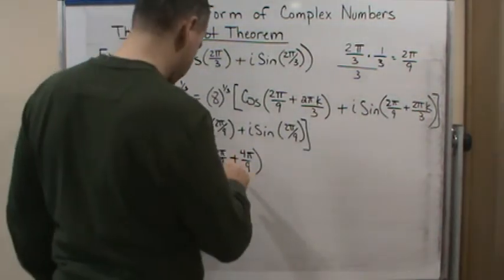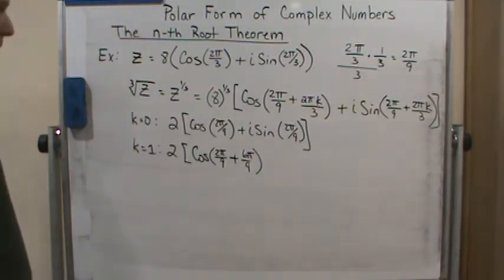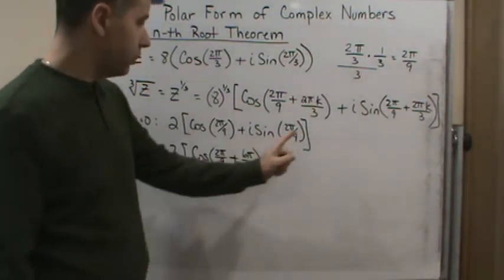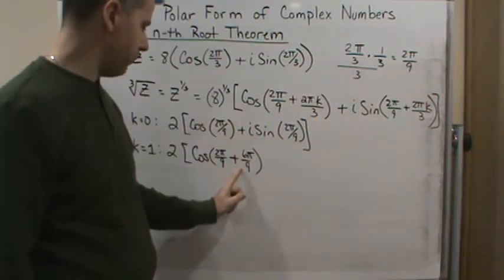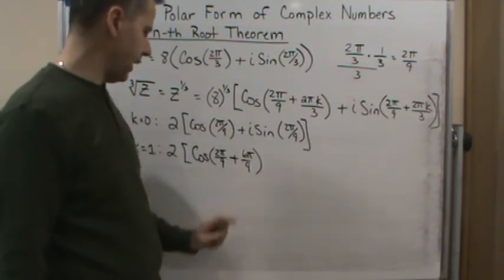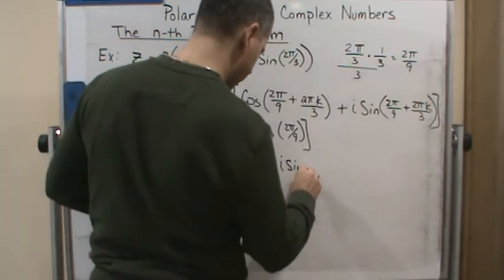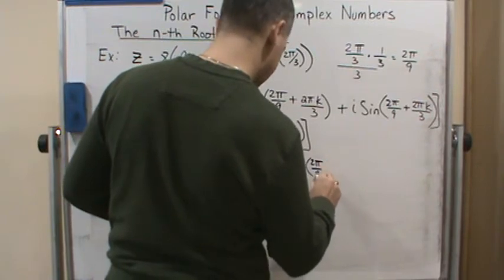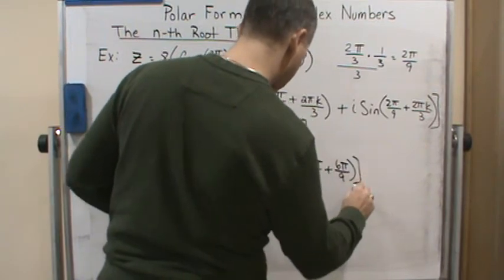Or not 4, sorry. That'd be 6. Okay. So 2 pi over 3 is going to be the same as 6 pi over 9. So we get a common denominator. And so now I'm going to do plus I sine of 2 pi over 9 plus 6 pi over 9.